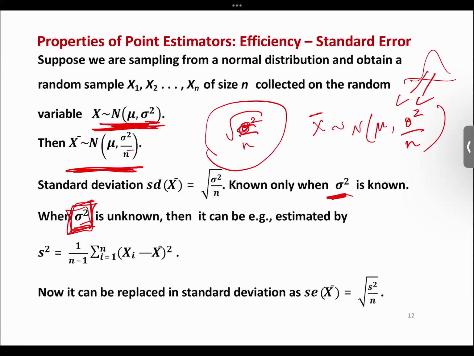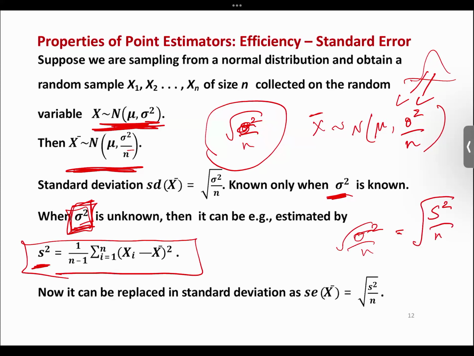So in that case, you can estimate the population variance using the sample variance, which is given by this formula. Now this square root of sigma square by n can also be written as the square root of s square by n, where s square is your sample variance.